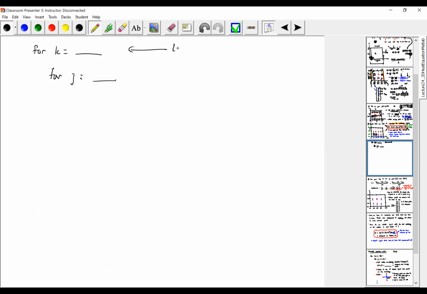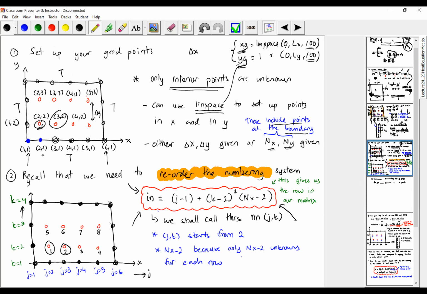So this is the loop for the number of y points that you have, and this is the loop for the x points that you have. The j and k that you are looping in your for loop correspond to the number of points in x and in y. You need to be able to convert this into this numbering system so that you can allocate it to the proper row in your Laplacian matrix.